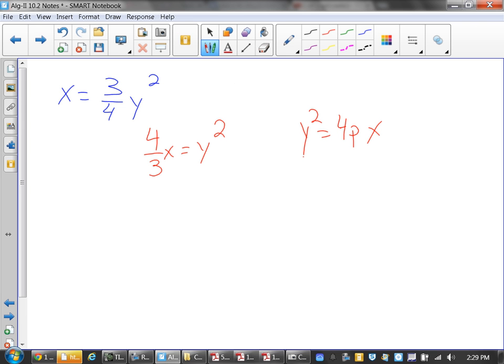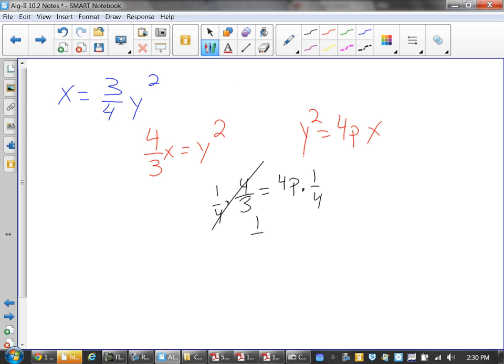What do I set 4p equal to? Good. So I set 4/3 equal to 4p. How do I undo that? Divide. Can I say multiply by a 4th? Is that okay? What's p? 1/3.